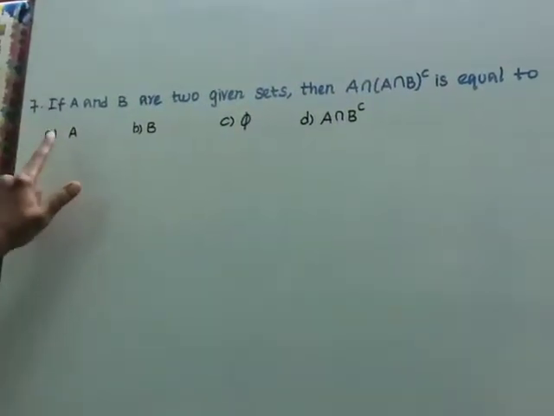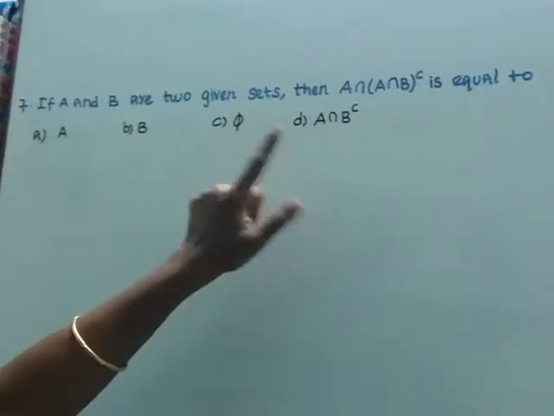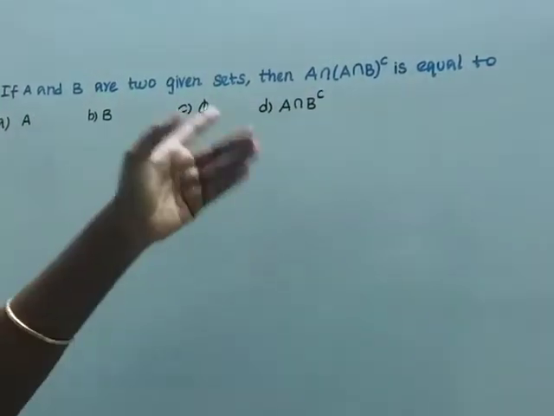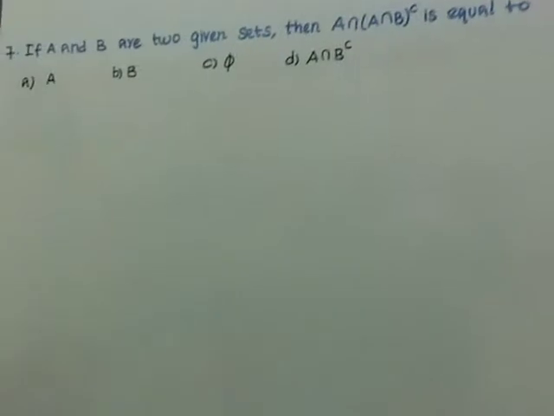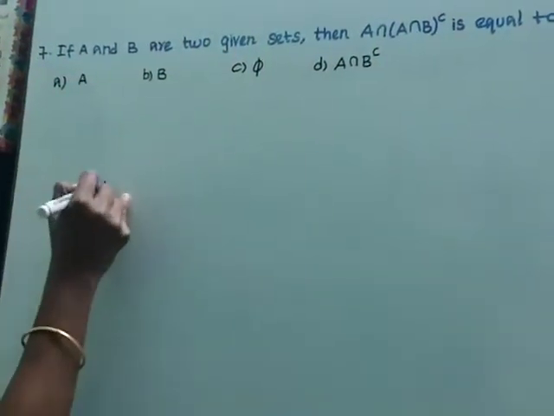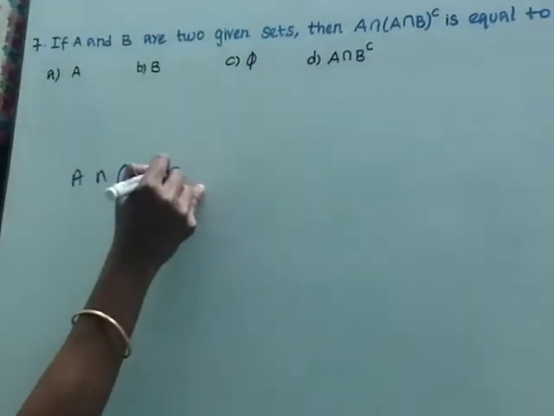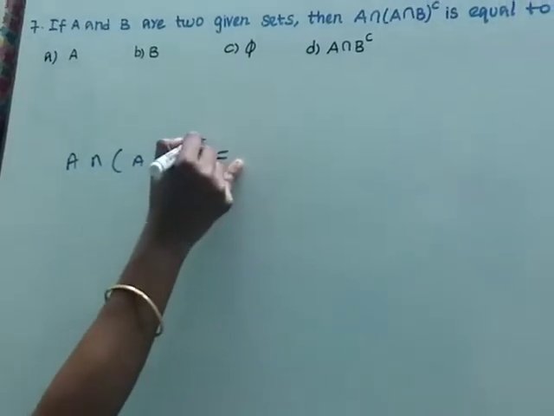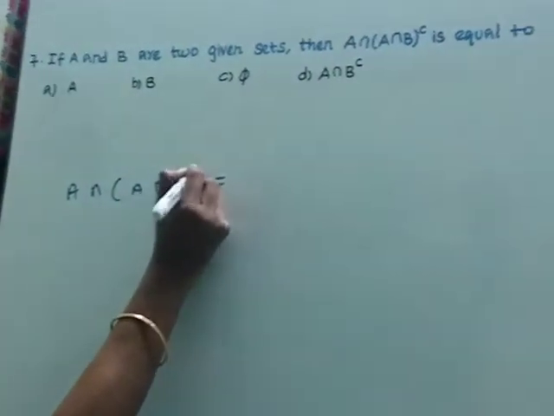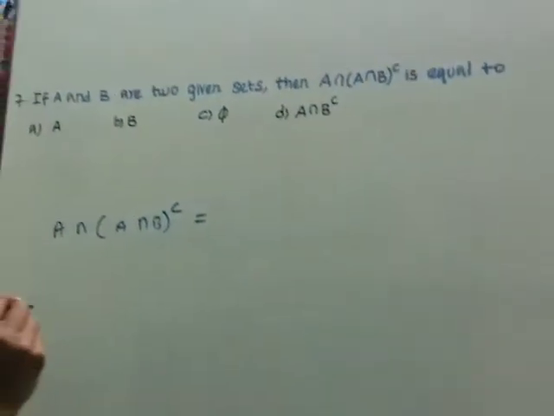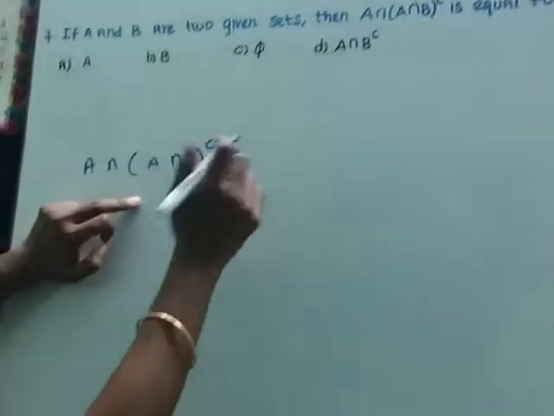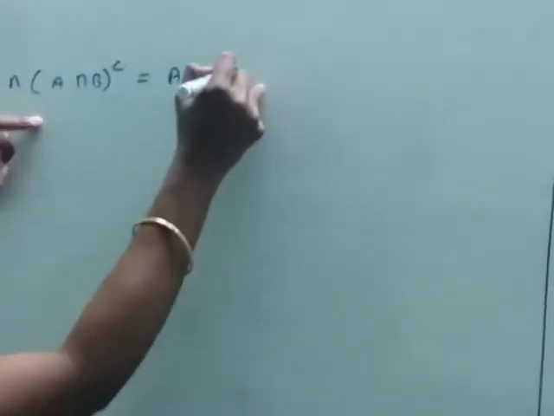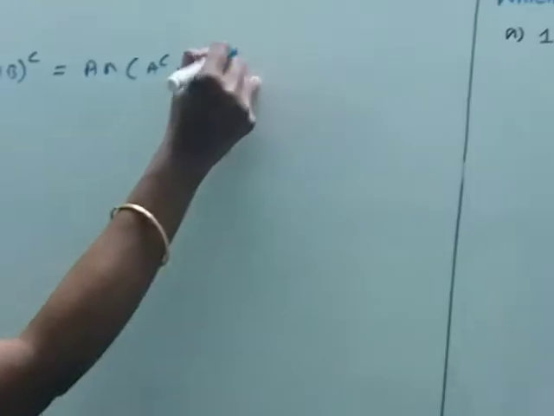Seventh problem: if A and B are two given sets, then (A intersection B) the whole complement is equal to. Here we are going to apply De Morgan's law, children. (A intersection B)' is equal to A' union B'. So A intersection (A' union B').